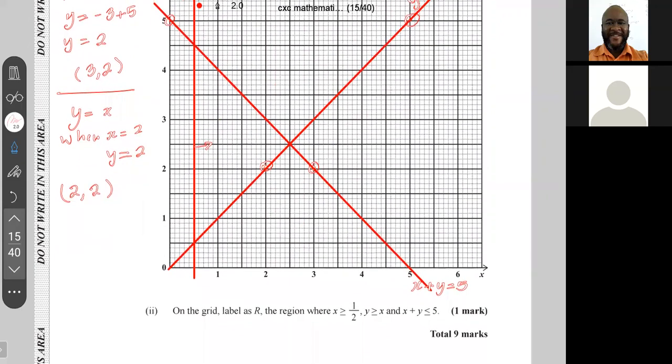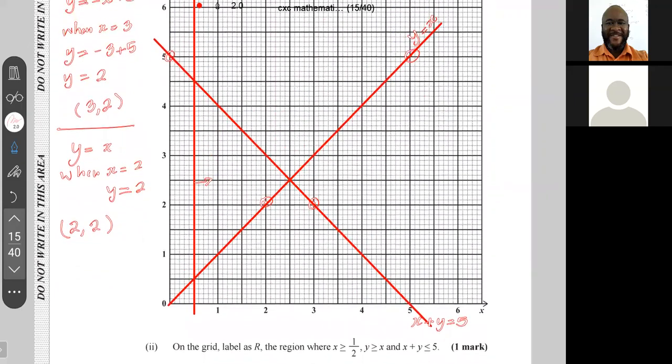Next, y is greater than x. This is the line y is equal to x. Above the line, y is greater than x. Below the line, y is less than x. We are interested in the region where y is greater than x.